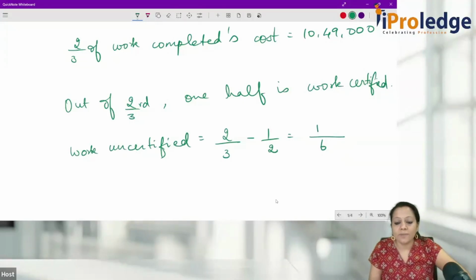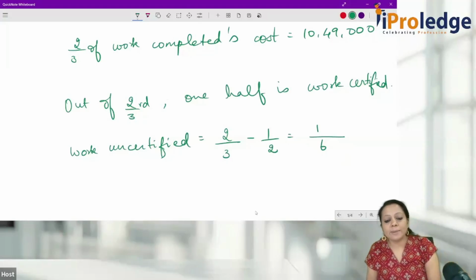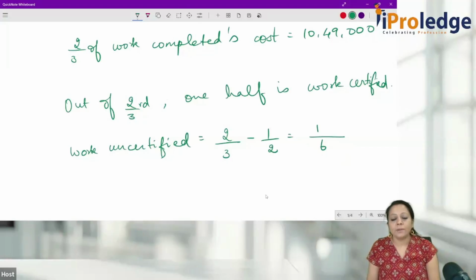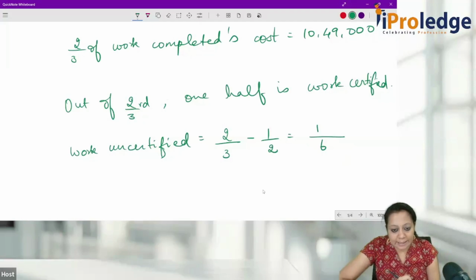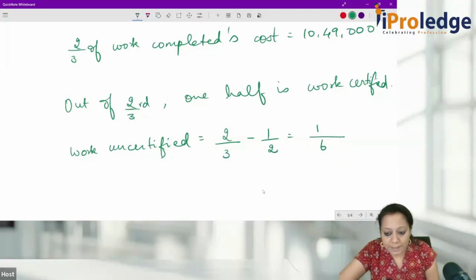So please write it along with the theory. Spend some time on this, because only this part students are finding slightly difficult. Very simple. Whatever cost is completed is 10,49,000 as per the ledger. That is equal to 2 by 3. But out of 2 by 3, one half is work certified.